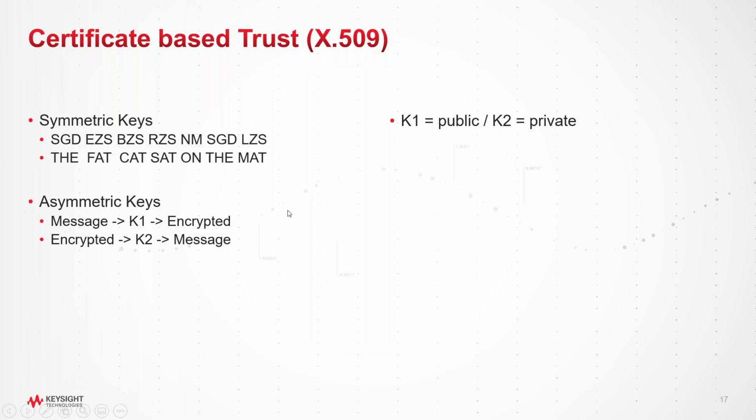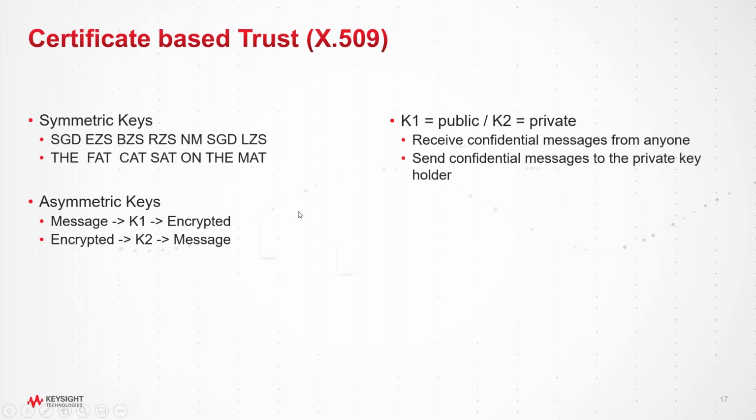What that does for us is that we can encrypt messages with the public key, and the only key that can decrypt it is the private key. And so only the private key holder can receive that message or decrypt it. And anyone can actually send the message because anyone has access to the public key.